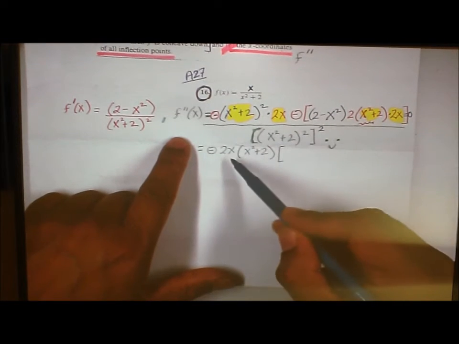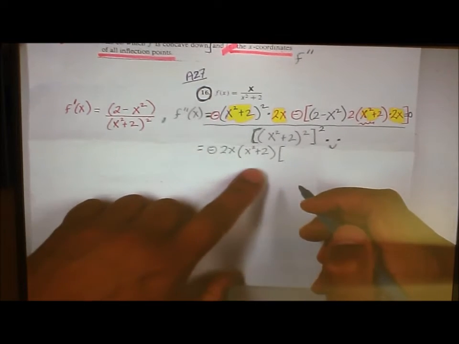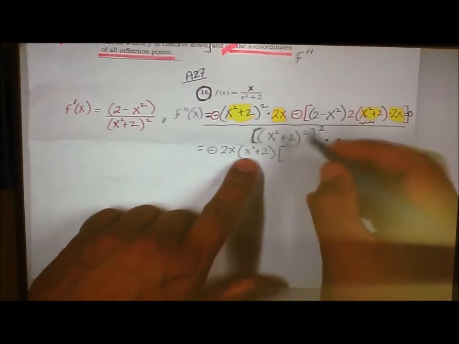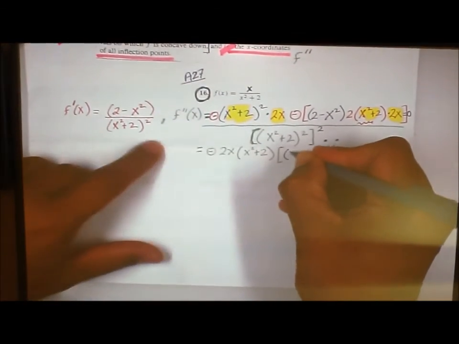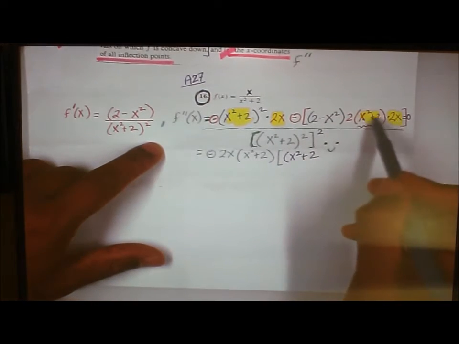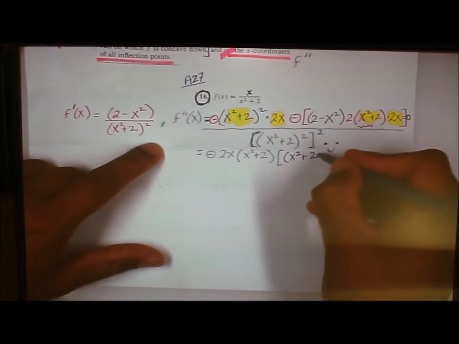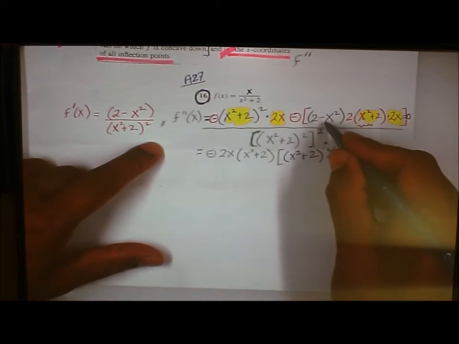Or I can choose to factor out 2x and an x squared plus 2, which is what I'm going to do now. If I factor this out of here, I'm still left with a single x squared plus 2. And if I take this out of here, I'm still left with a 2 and a 2 minus x squared.